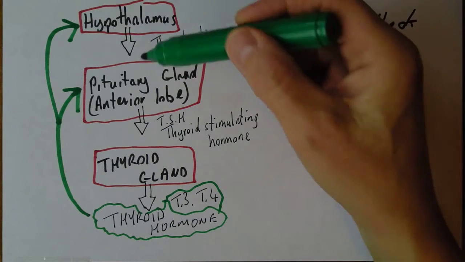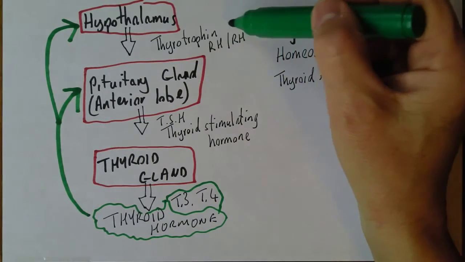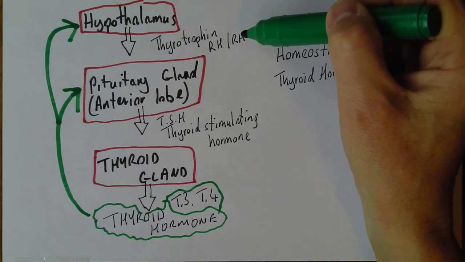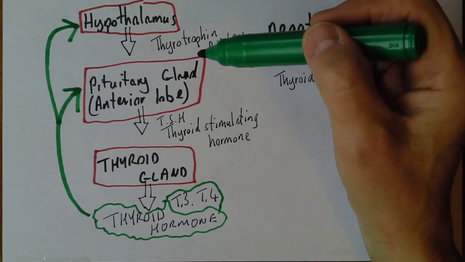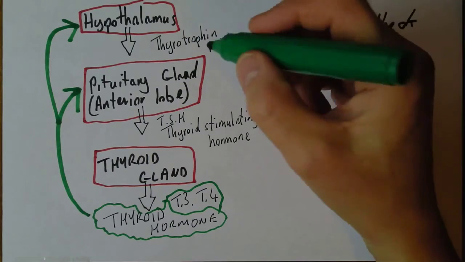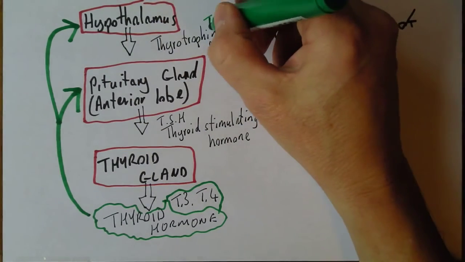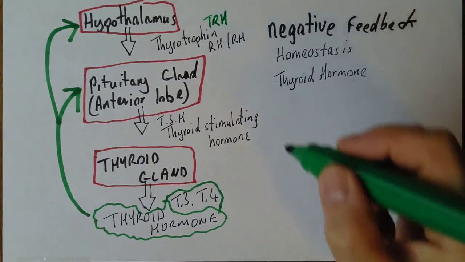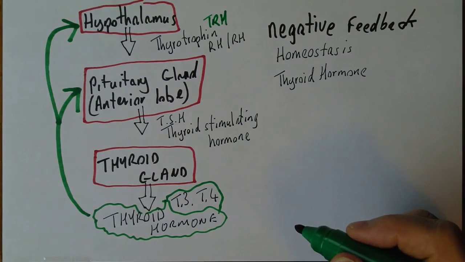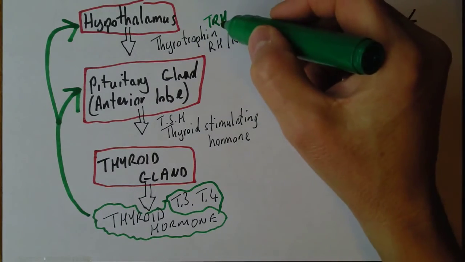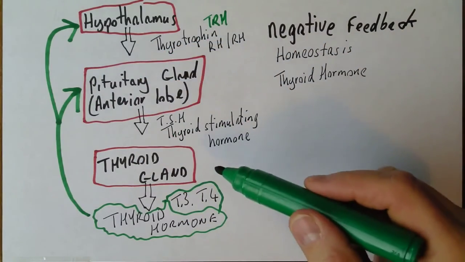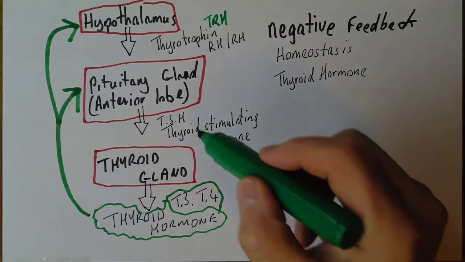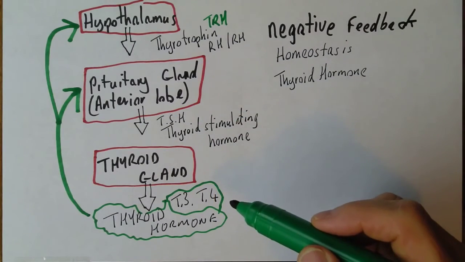So now we will have less thyrotrophin releasing hormone. We'll have less of that, less TRH. If there's less thyrotrophin releasing hormone, there's going to be less stimulation of the anterior lobe of the pituitary gland, so there's going to be less thyroid stimulating hormone.